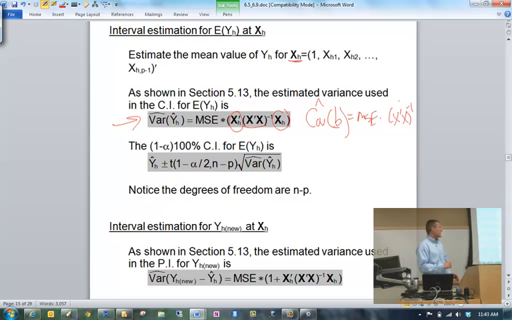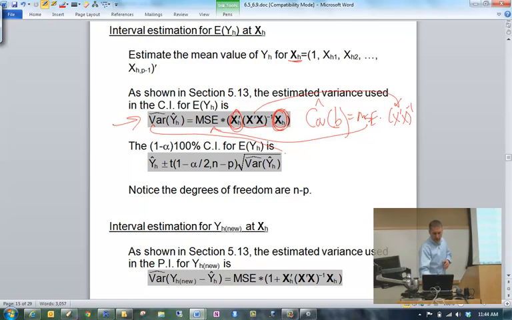Essentially, that's what we see here. MSE, X prime X inverse. And this part with the variable values allows you to grab out of X prime X inverse the stuff that you need in order to do the variance calculation, simply put.